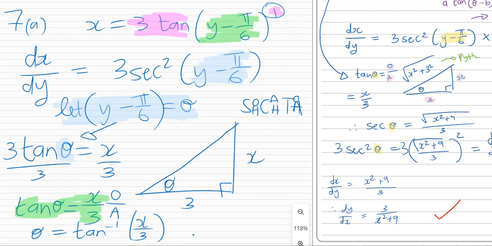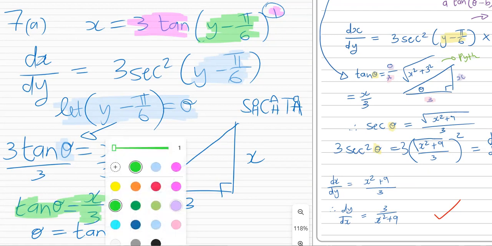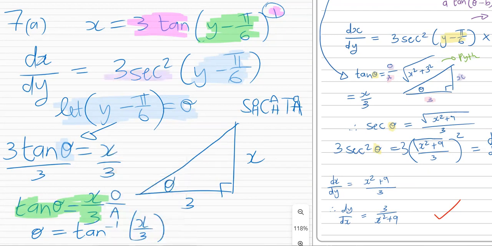We're using tan and we are heading towards sec, because that's in our dx dy at the moment. And we know we're heading this way. Okay. So we know that sec is 1 over cos. So sec theta equals 1 over cos theta.